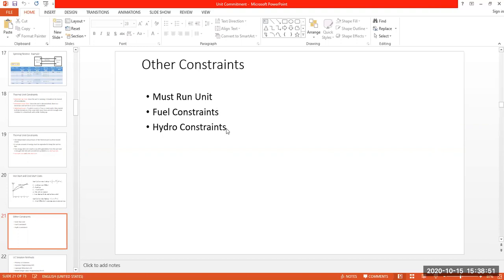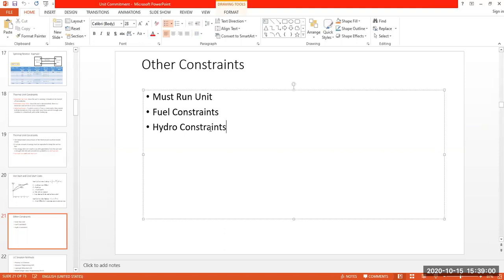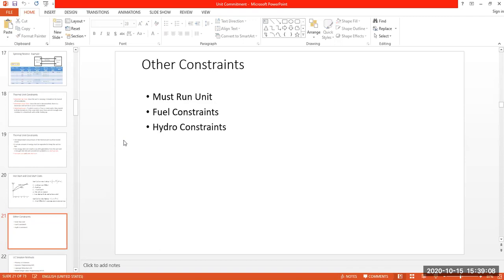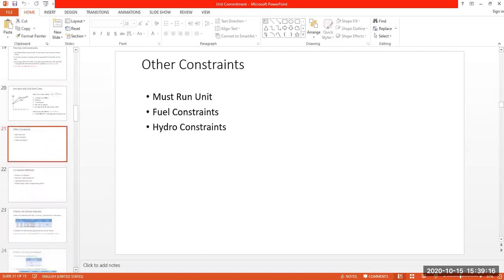Then hydro constraints come, of course, if you are considering a parallel operation of hydro units as well as thermal units. In those cases, probably these constraints will come, but because we are not taking it in this course, I'll not go into any discussion of this. But if you are looking for hydrothermal coordination, these hydro constraints are to be considered.